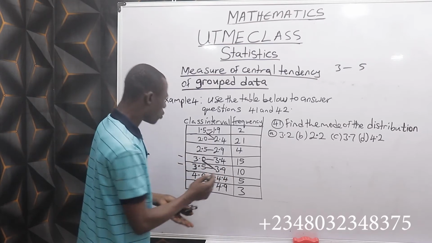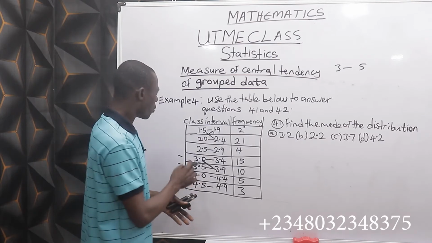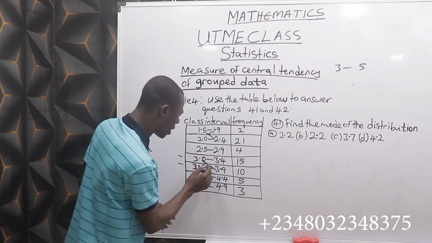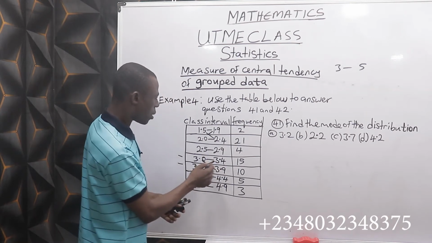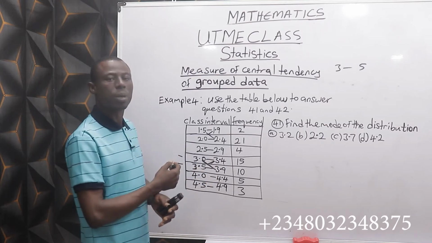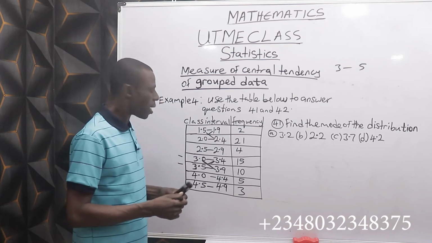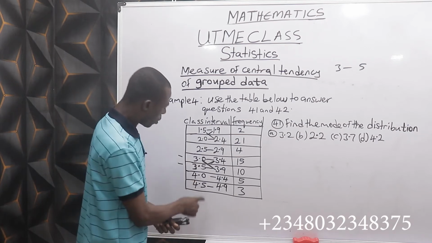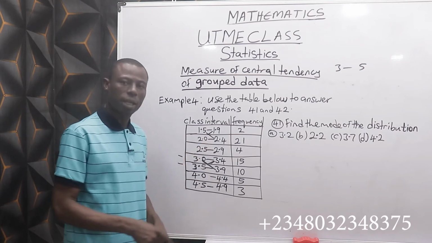If you divide it by 2, you will get 3.45. So if you get 3.45, you now subtract this one, the 3.4 here, from your mean. It will give you 0.05. It is a constant thing. Go down, do the same thing, you get the same answer. Come up, do the same thing, you get the same answer.